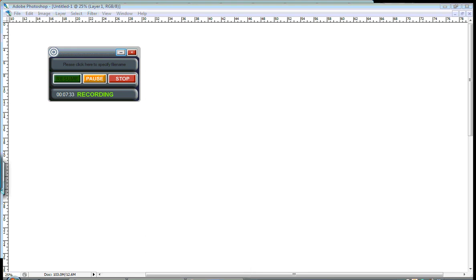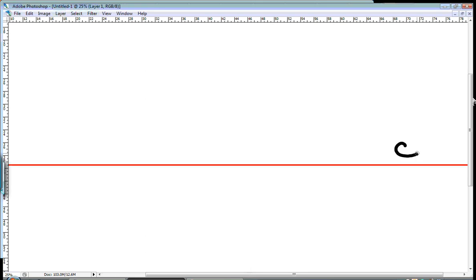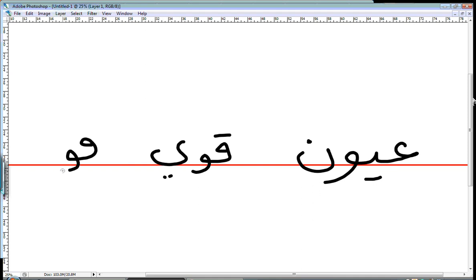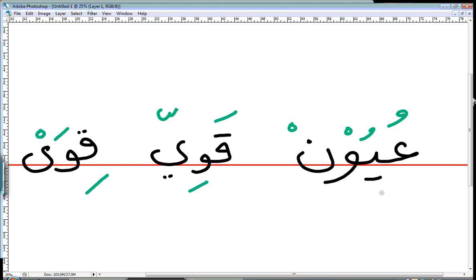Let's say I want to read this word, or this word, or this word. Okay, how do we read this?